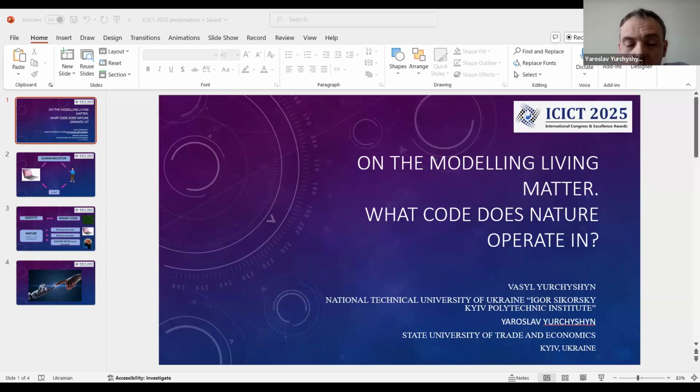At the same time, we believe that many technical developments in various fields can be used in modeling living beings and diagnosing their physical condition. We consider the binary code to be the basis of living matter.